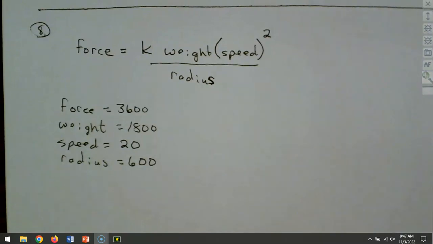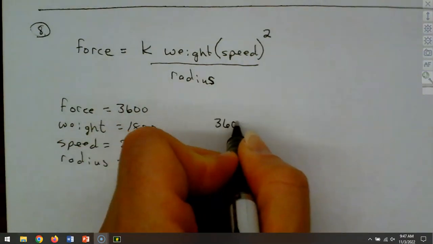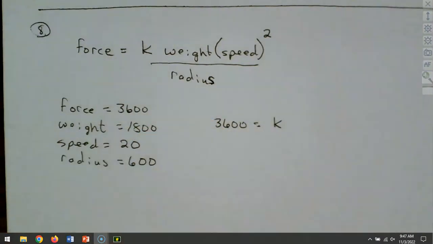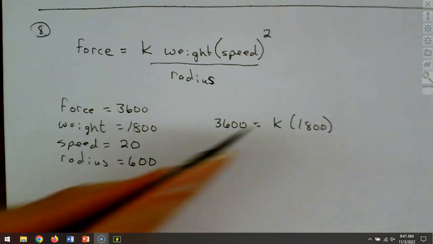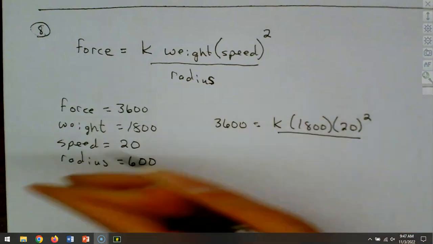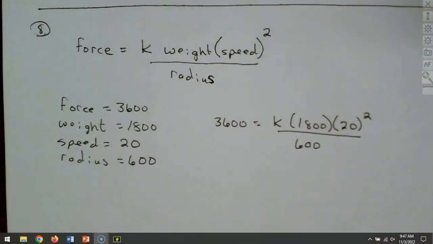So these are the components that we need to keep this car from spinning out on a curve. We need to find K. Again, K can be different depending upon the road conditions. So these are the values that they give you. So we're going to plug our numbers in. We've got a force of 3,600. That's going to equal K times the weight of the car, which is 1,800 pounds, times the speed squared, that's 20 squared, divided by the radius, which is 600.